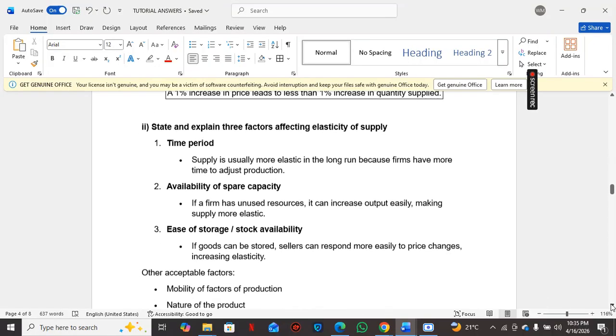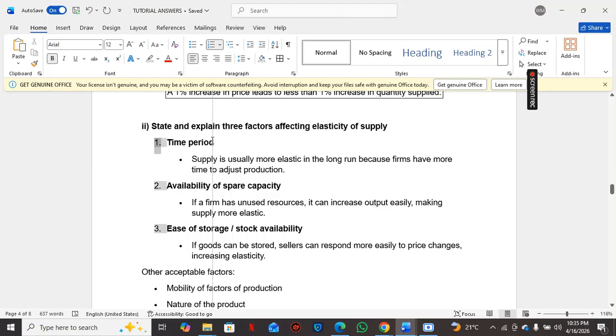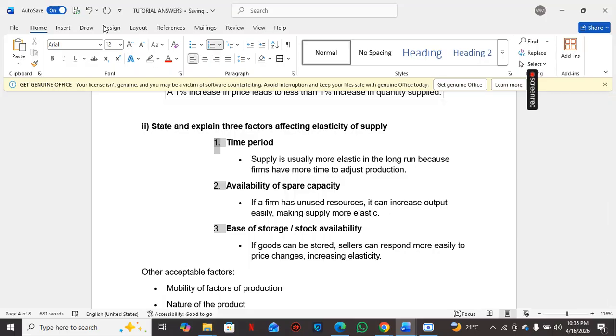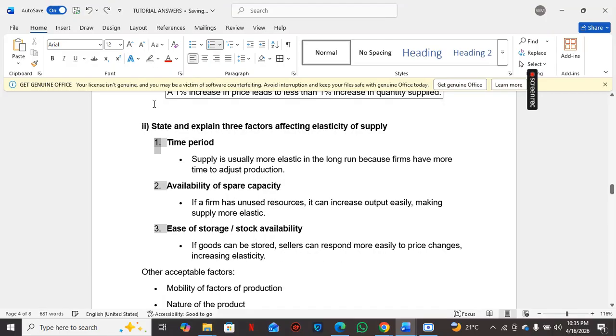Factors that affect elasticity of supply. Number one, the time period. Okay. All right. So in the short run or instantly, when the price changes, you as a supplier cannot get new workers, new capital, new land.